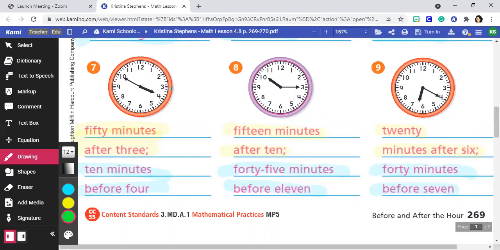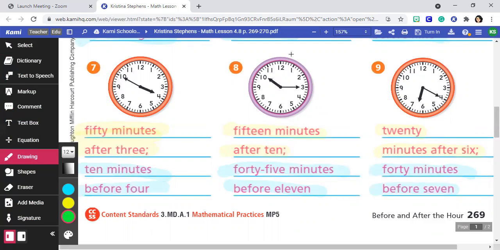So I can tell you that it's not 4 o'clock yet, it's still 3 o'clock. So 50 minutes after 3, but also 10 minutes before 4 o'clock. And you'll notice that I'm saying o'clock, but in my answers, I'm just using 3 and 4.